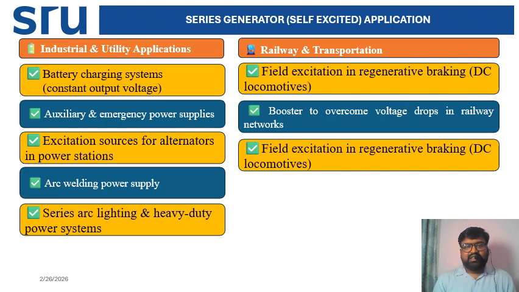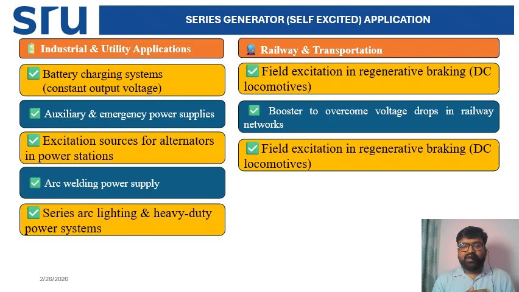Then in railways and transportation, these generators are also used for field excitation in regenerative braking. What is regenerative braking? I'm just giving an insight into this. Suppose people are now using electric vehicles. Regenerative braking means they are also producing power with the application of the brake.